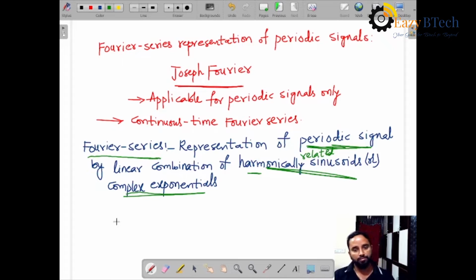Here we have two types of Fourier series. The first one is trigonometric Fourier series, in short form TFS.